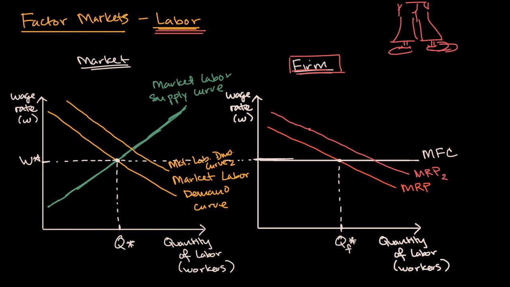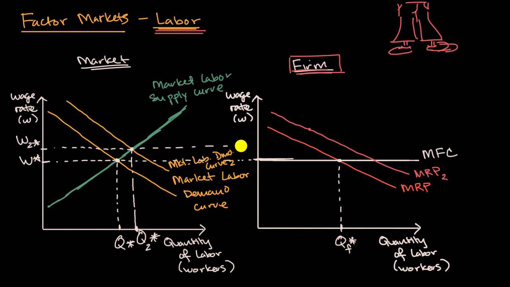Now, what does that do to the equilibrium wages and quantities? Well, our equilibrium wage has gone up, which seems reasonable because the demand curve has shifted to the right, and our equilibrium quantity has also gone up. I'll put a Q sub 2. Now, what does that do to the marginal factor cost for the firms operating in this market, the ones that are hiring this labor?